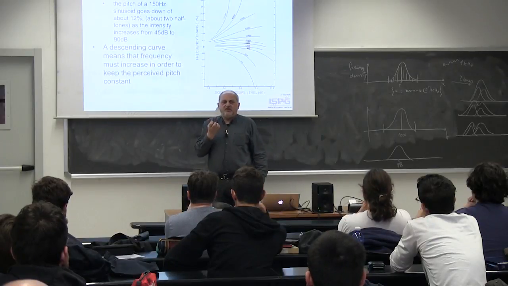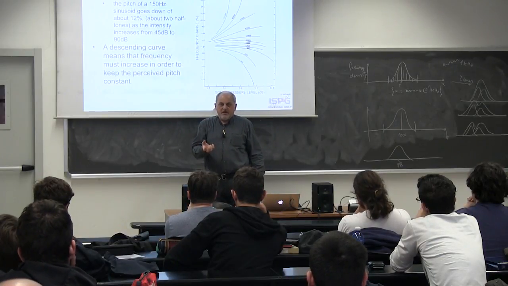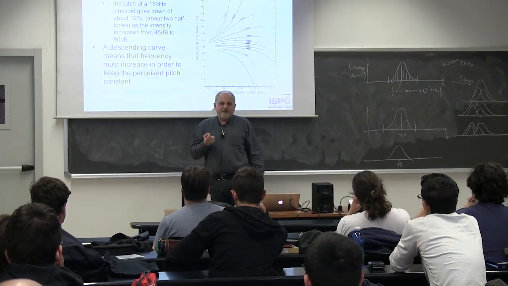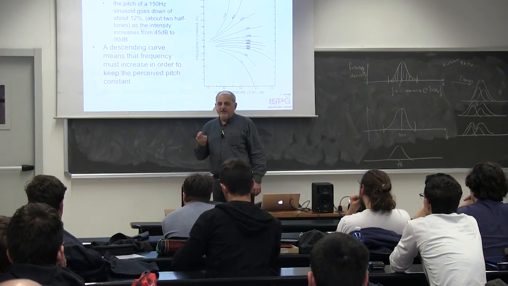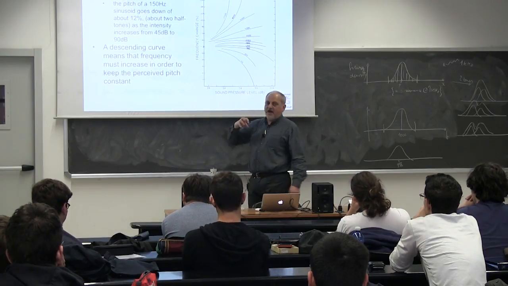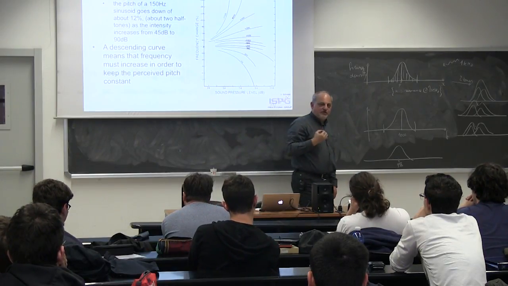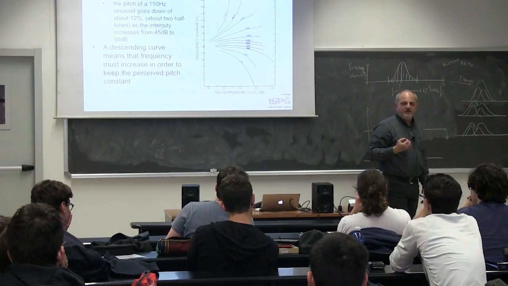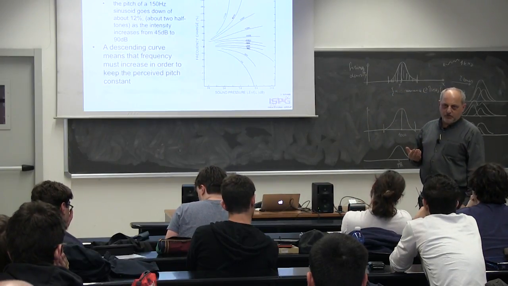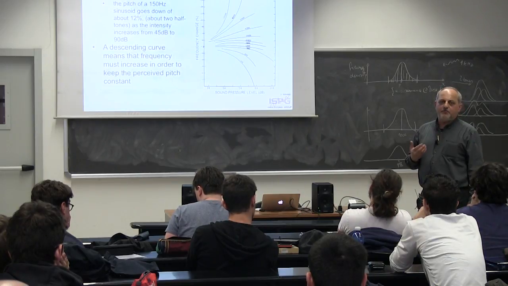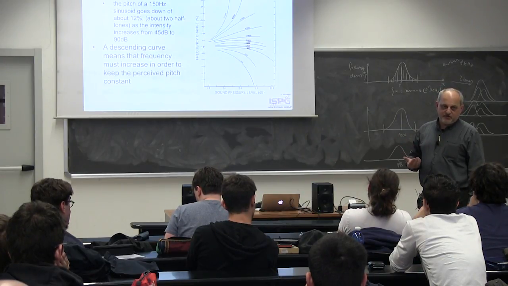How much do we need to change the frequency in order to perceive the same tone? So these are curves that describe iso-pitch curves. They describe how to alter the frequency of a tone in such a way to be able to perceive the same pitch.